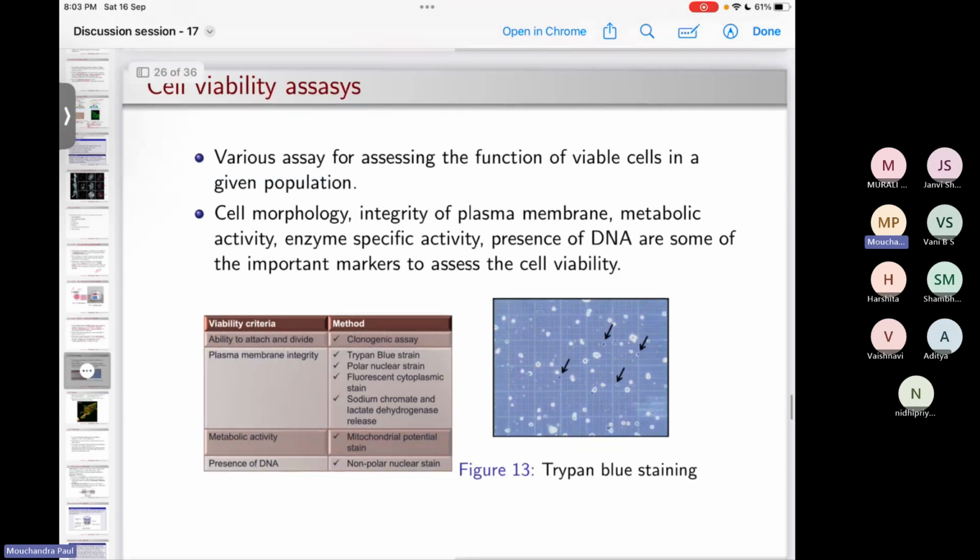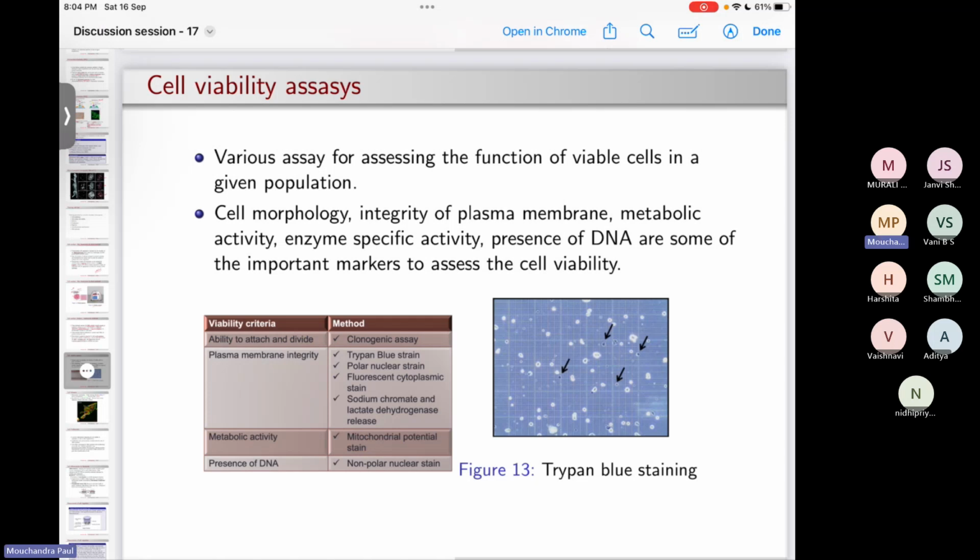So now you have determined how many cells are there, and you know that you are going to seed, say, 1 lakh or 1 million cells. For that, you have counted your cell suspension. The next step is you have seeded your cells on your scaffold. You have to ensure whether the cells are viable or not. Are your growth conditions good enough to keep the cells alive on your scaffold?